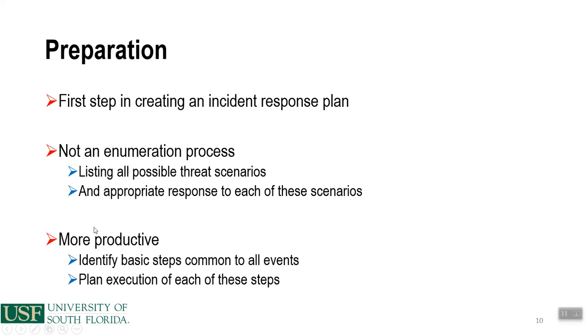Instead, you want to abstract and identify the basic steps common to all events and plan an execution for each of these steps. Therefore, you have one common mechanism to prepare and execute a set of steps associated with many different types of incidents.